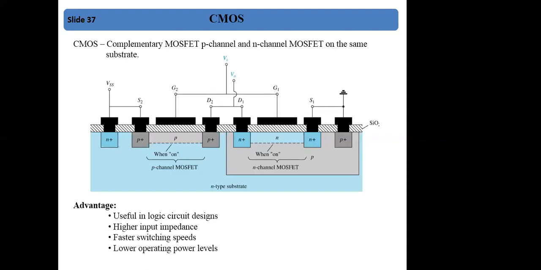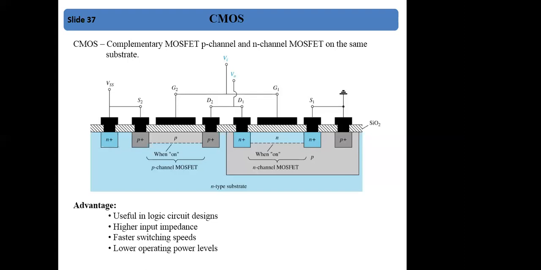CMOS, you can say, is complementary MOSFETs. P channel and N channel MOSFETs are both combined here to develop the CMOS. Why is it called complementary MOSFET? The name itself says that they complement each other.